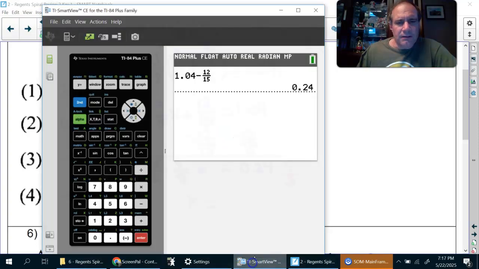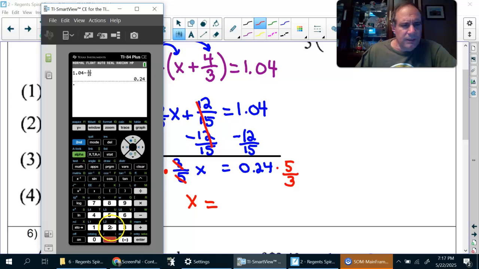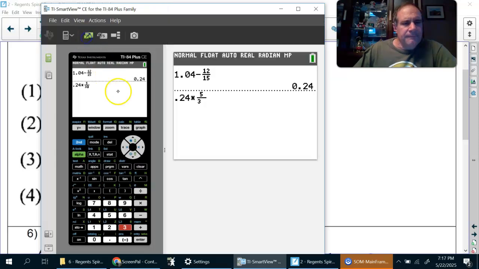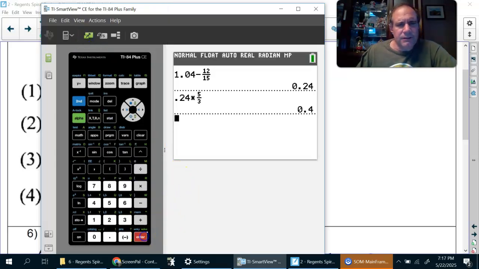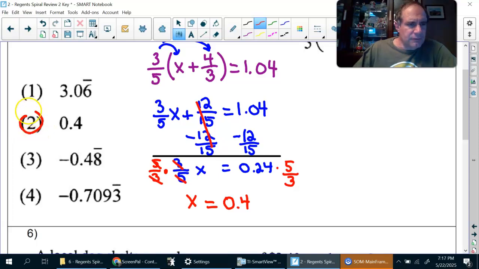And we're going to get 0.24 times 5/3. And that is how we do it. And it is 0.4. x equals 0.4. That's your answer.